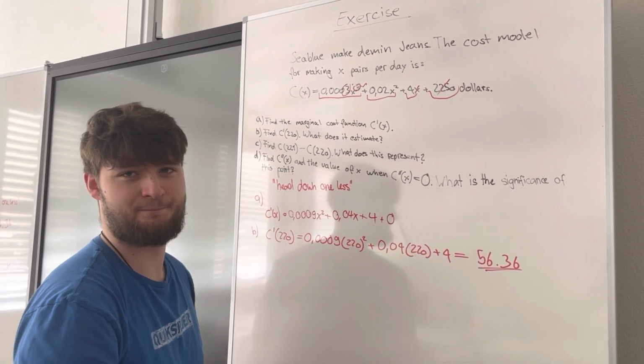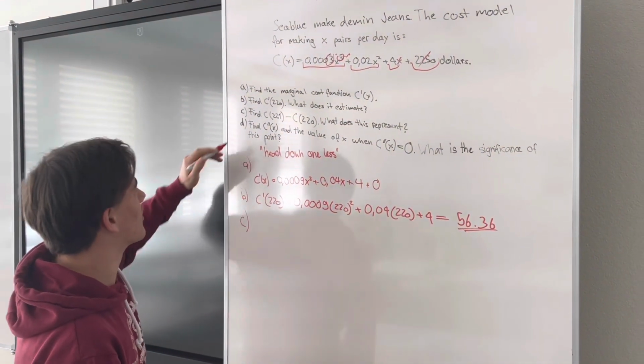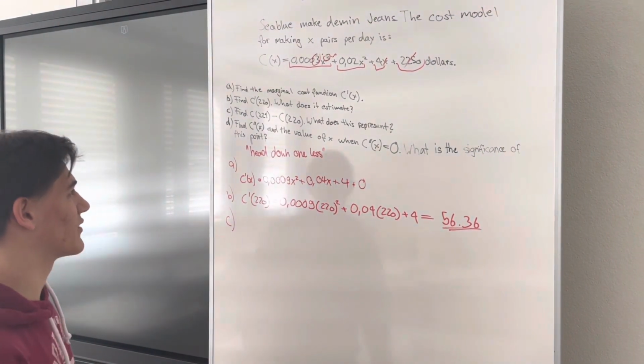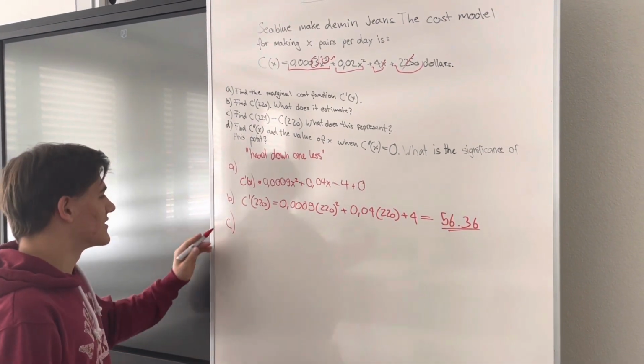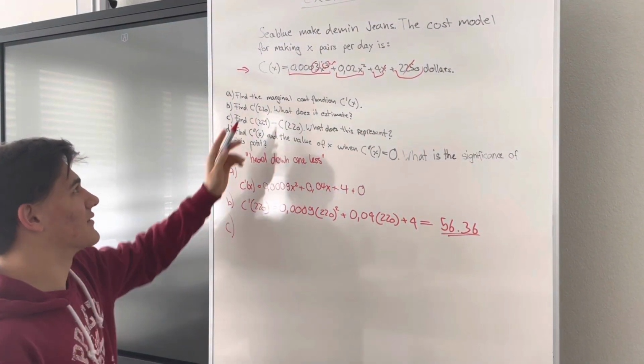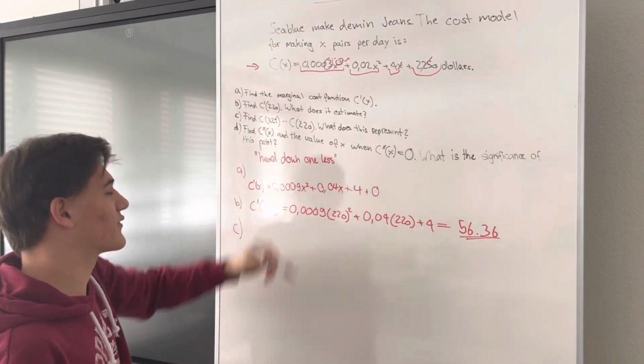currently made. So now let's go to exercise C, where we have to find c of 221 minus c of 220. So for this we use the normal formula up here and just plug in 221 for x or 220 for x.